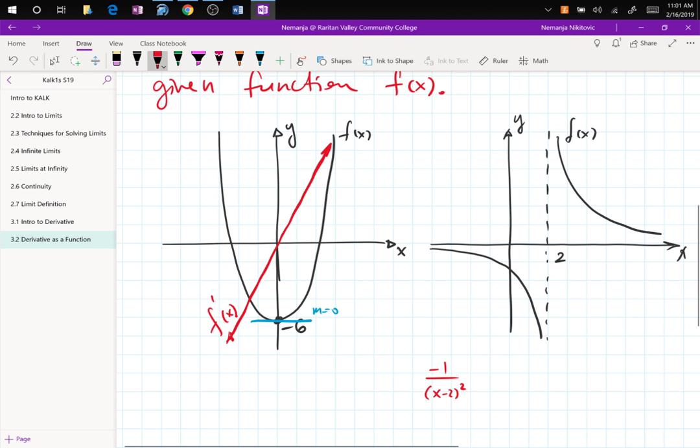Well, this is the offshoot of 1 over x squared, and 1 over x squared looks like this. So it's very easy to draw the other one, because minus 2 is just a shift to the right 2 units, and negative 1 is a reflection, so the derivative must be this.